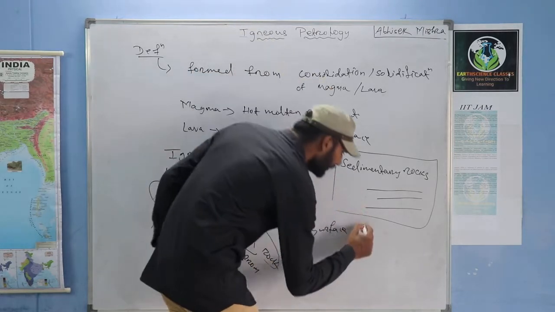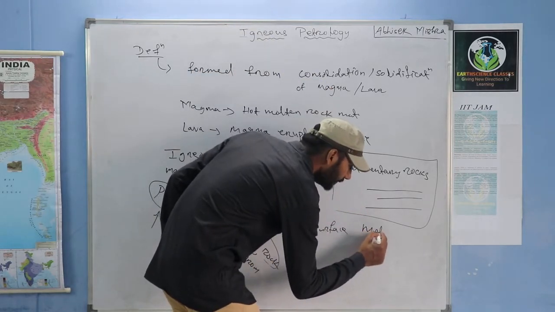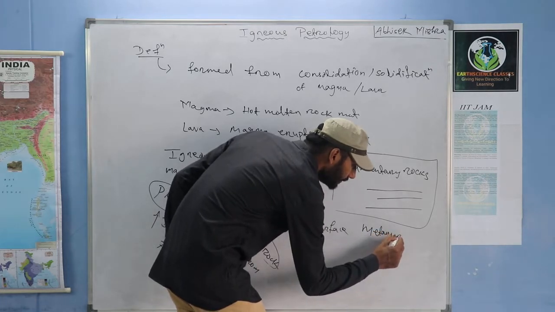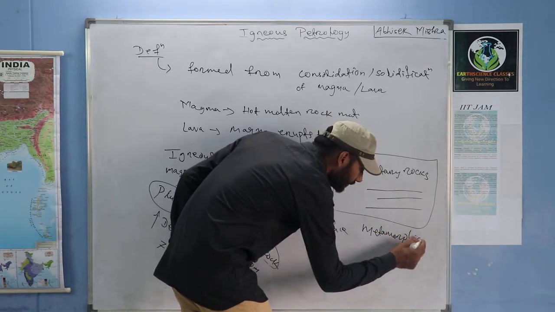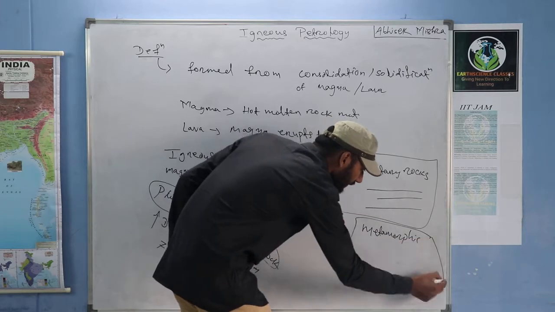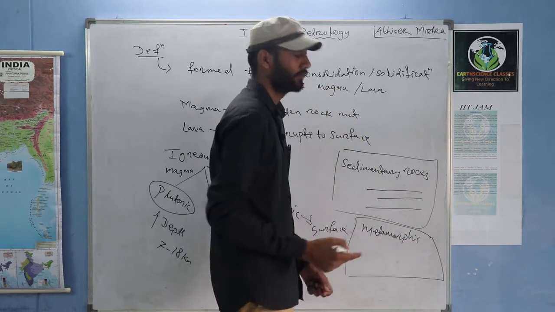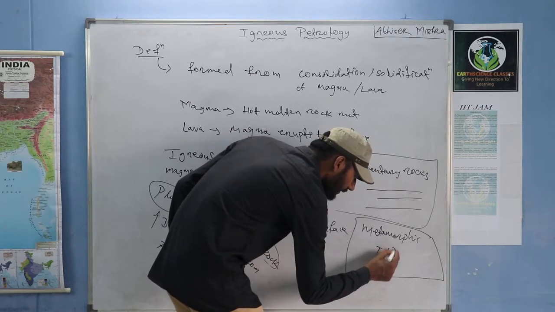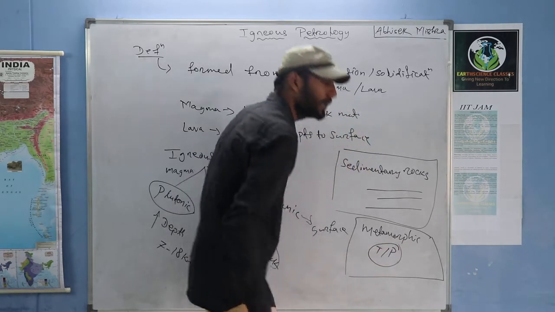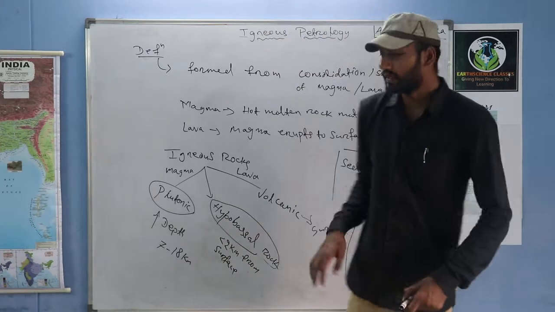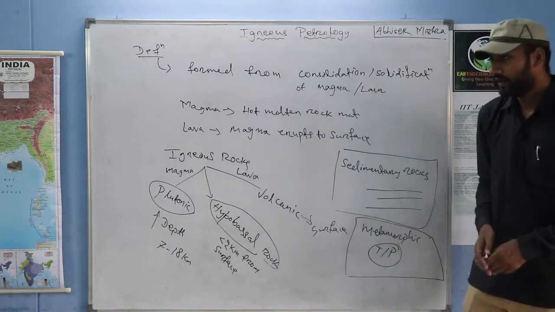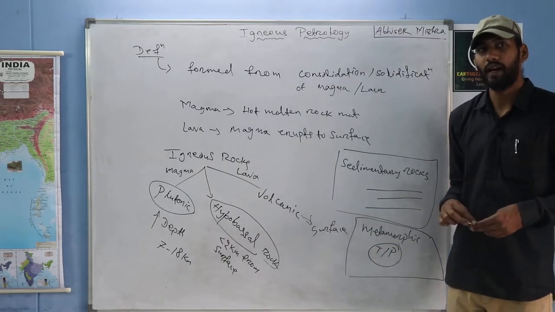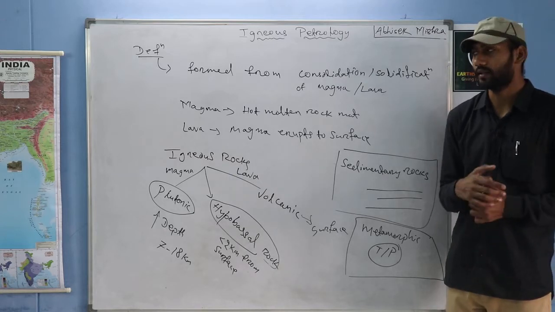Metamorphic rocks are produced due to change in temperature and pressure condition. Every rock is forming at a certain temperature and pressure condition.